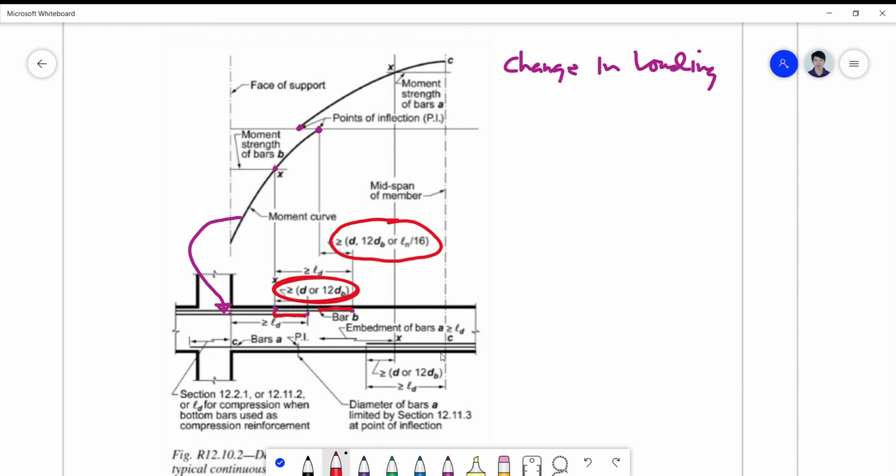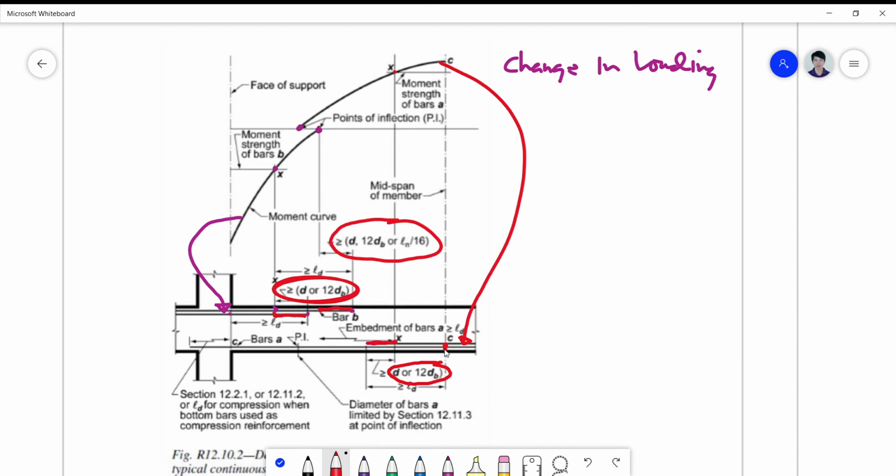Also in your positive moment, so this positive moment refers to the bars here. Okay, so you start at the maximum positive, and then the theoretical cutoff point at a certain distance x is this one, but you have to extend it at least d or 12 db there. Okay, so this is the extension.